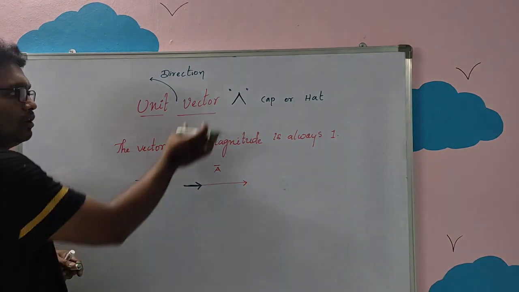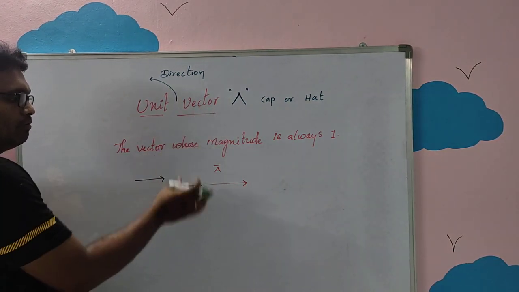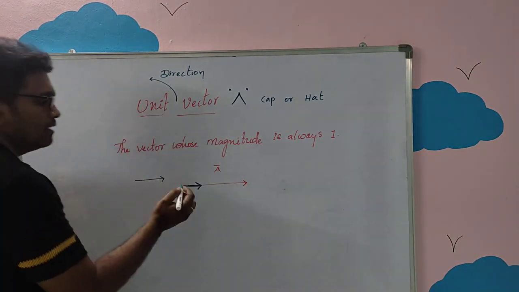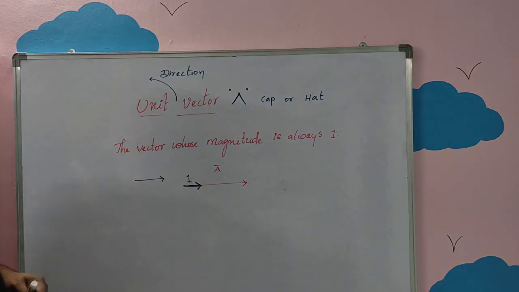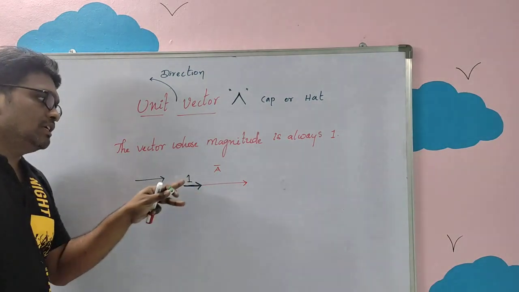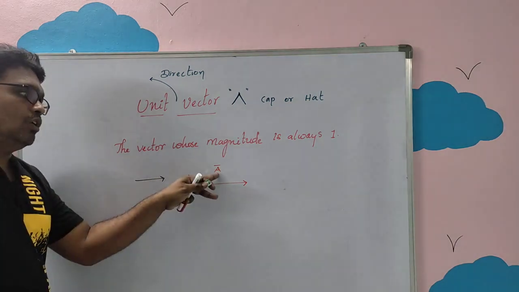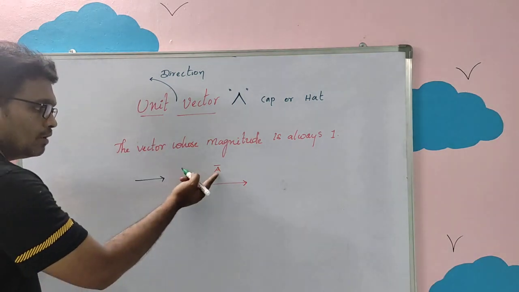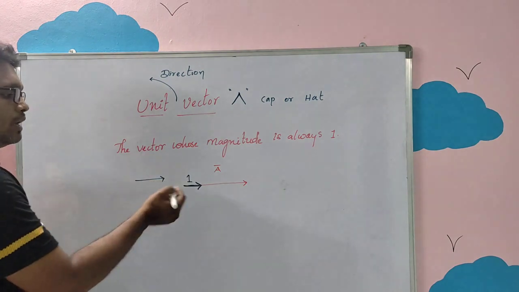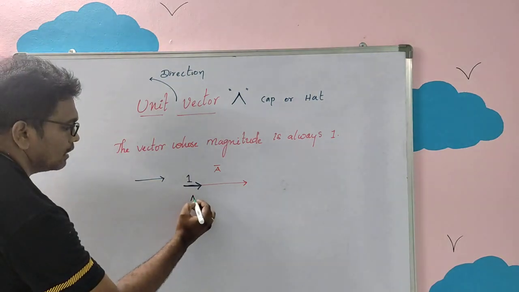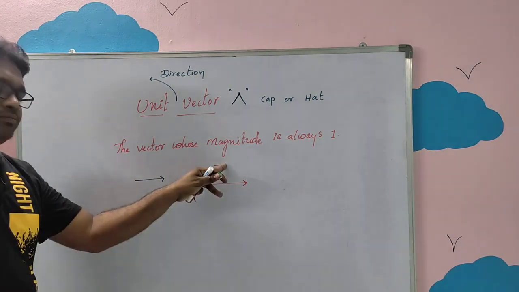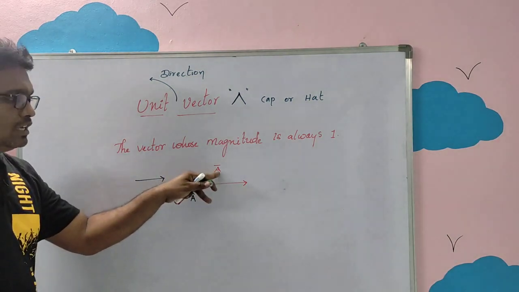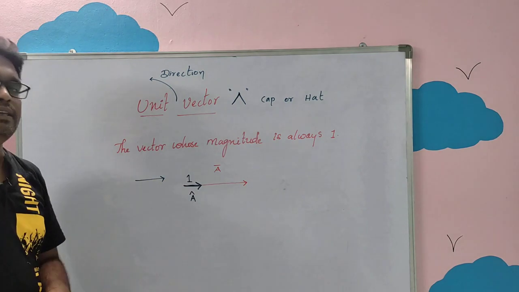An arrow indicates a vector, and it has magnitude always equal to 1. So in which vector are we representing this magnitude 1? Vector A. So with the help of the same vector symbol A, you can write the symbol of the unit vector as A cap. So A is the vector, A cap is the unit vector along the vector A.